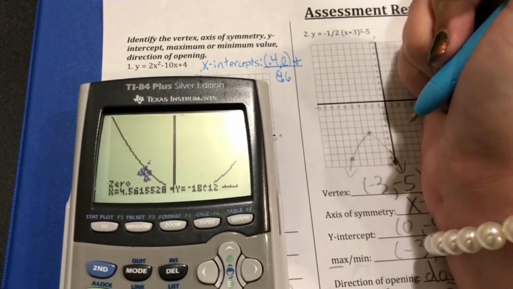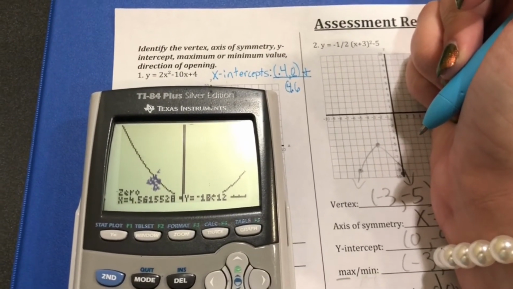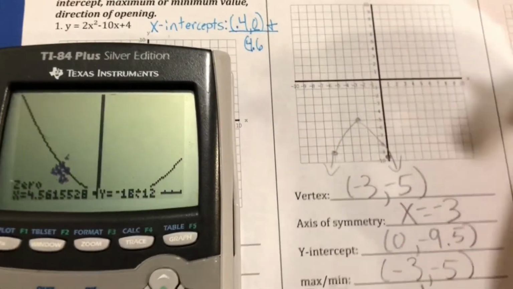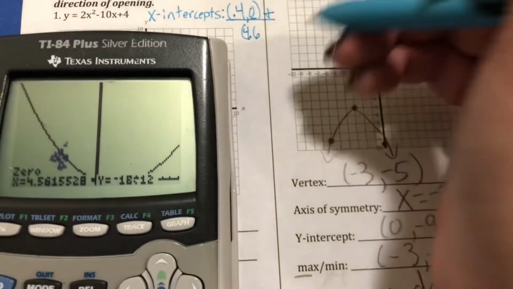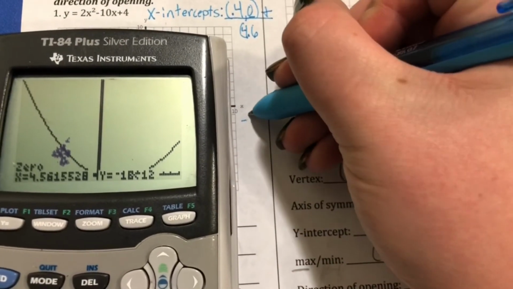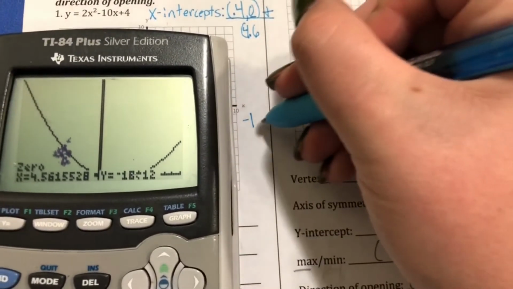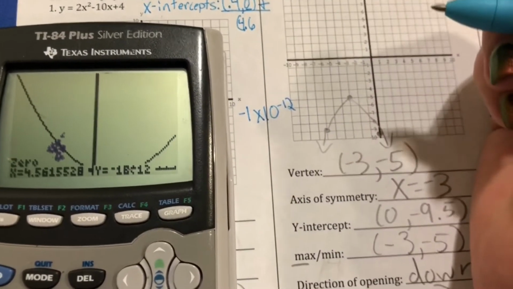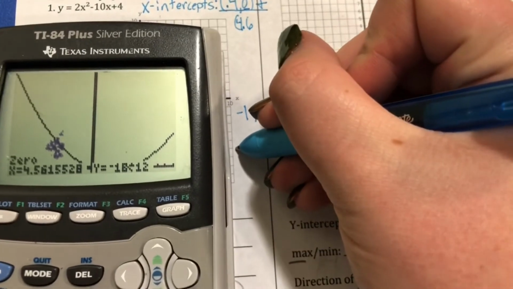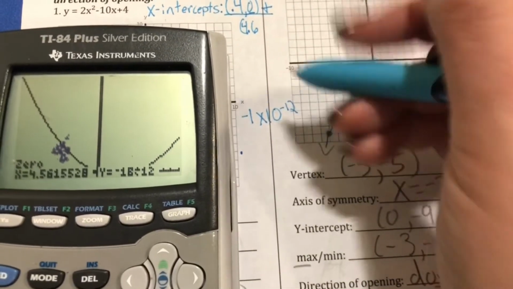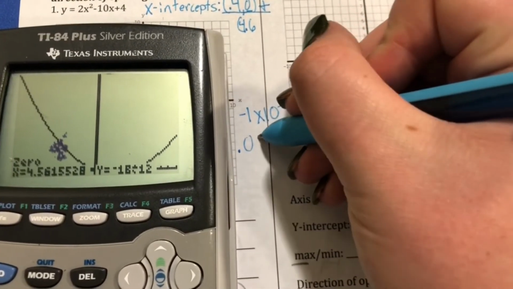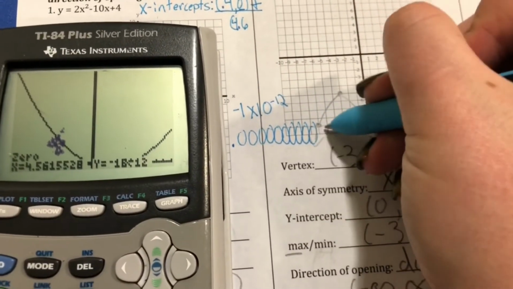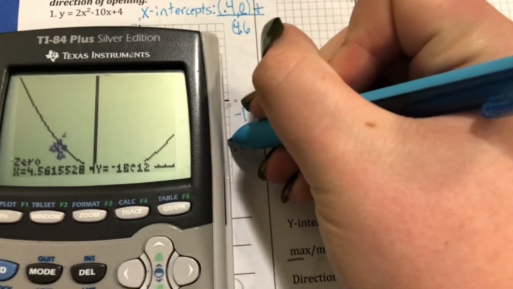4.6, and then we've got negative e negative 12. So what that means is, what that calculator is saying for that y value is that in scientific notation we have negative 1 times 10 to the negative 12. Well, that's a really, really small decimal, meaning we have 11 zeros, and that 1, and it's negative.